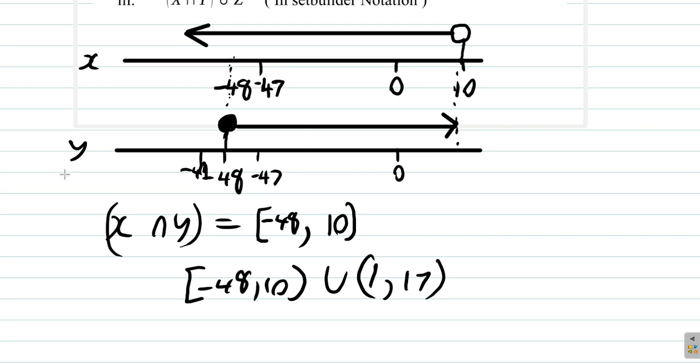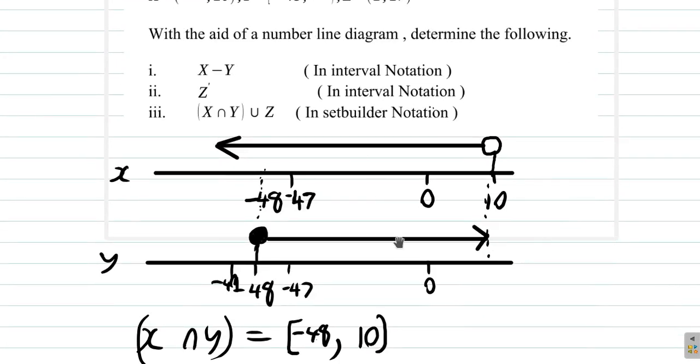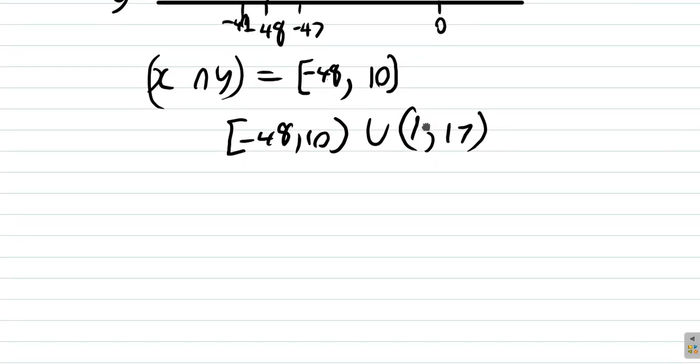So now, what we're told to do is use set builder notation. The values you're talking about range from a low of negative 48 to a high of 17.